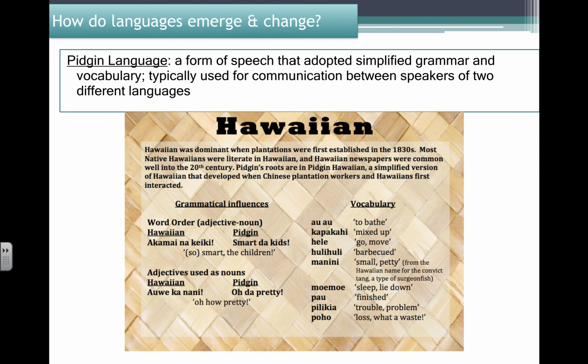Very simplified structure of speech, simply to try to communicate between two people who speak different languages, right? That's actually the example I provided for you here. This pidgin Hawaiian developed when Chinese plantation workers and Hawaiians first interacted. Two different speakers of different languages. Those two languages converge into this pidgin language.